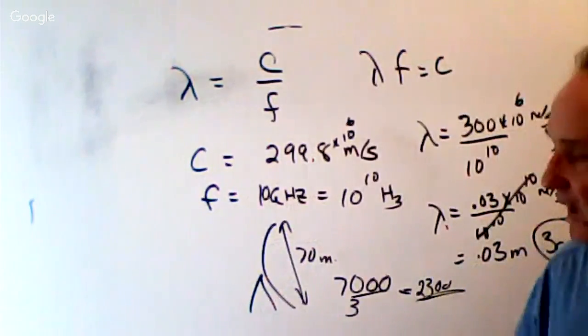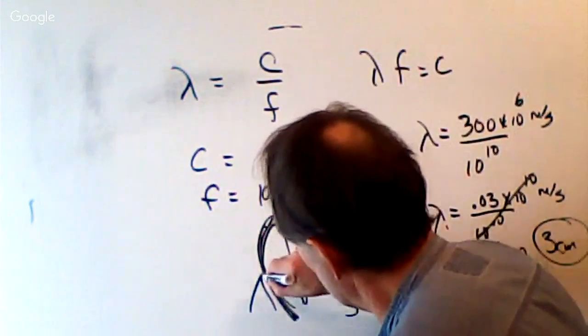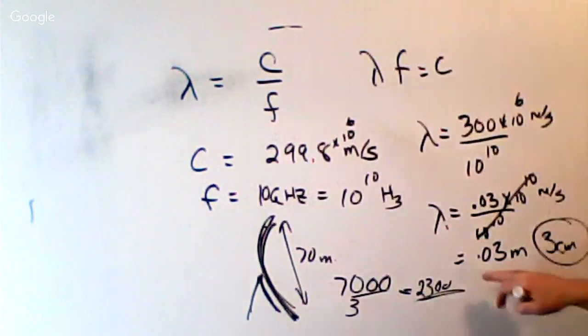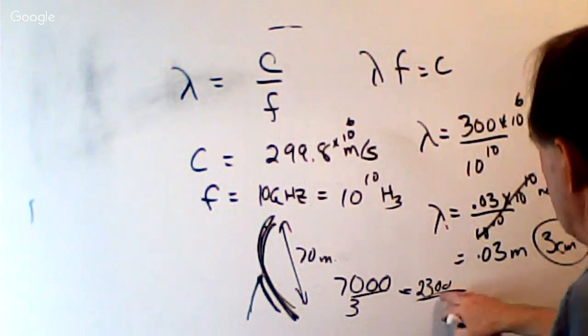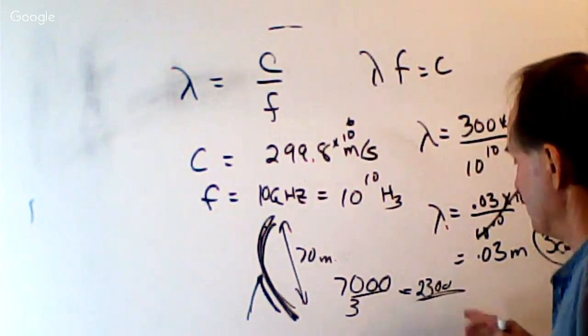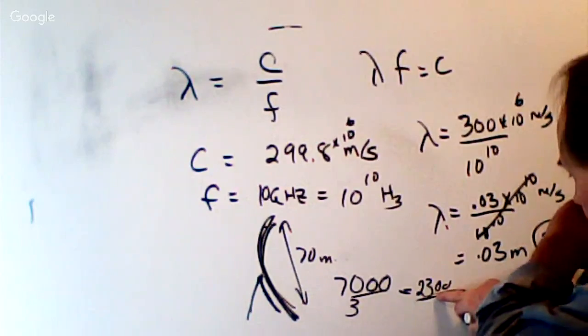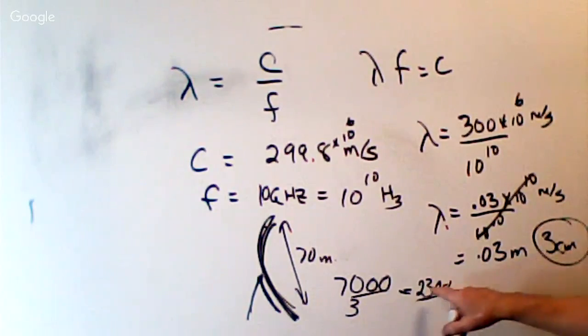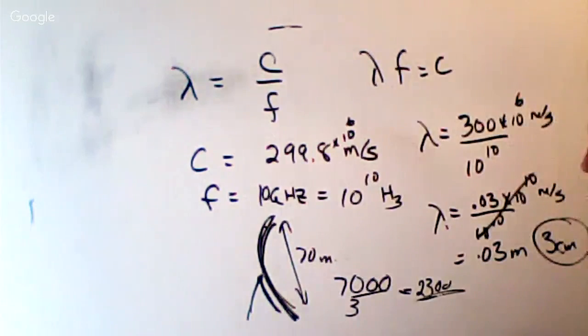So you can get an awful lot of gain out of a dish antenna that's 70 meters across when you're operating at, say, 10 gigahertz, or even at a gigahertz. It's a large number of wavelengths across that dish, so it has an awful lot of gain.